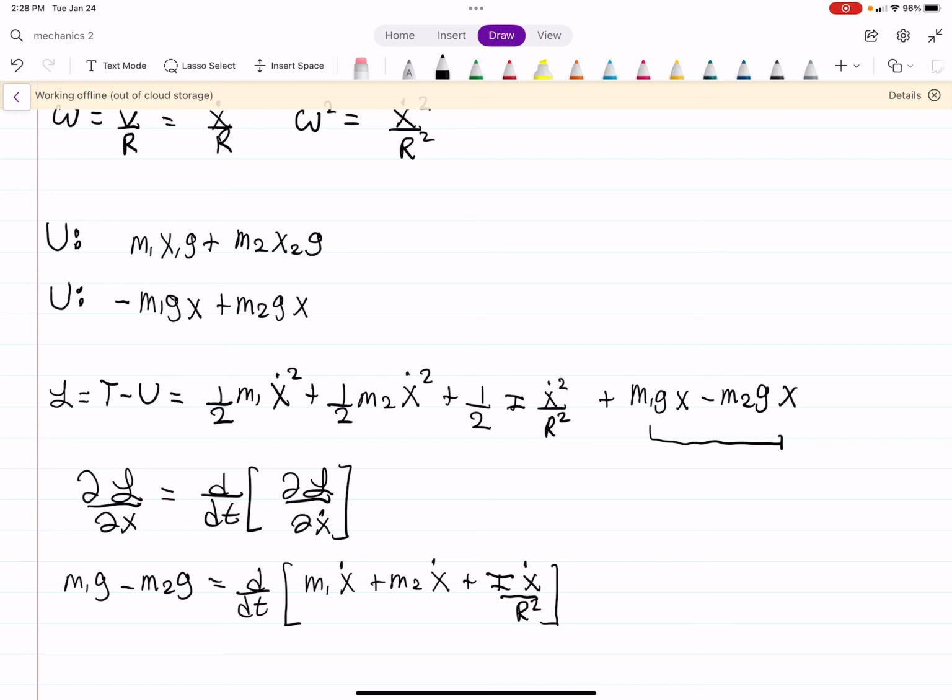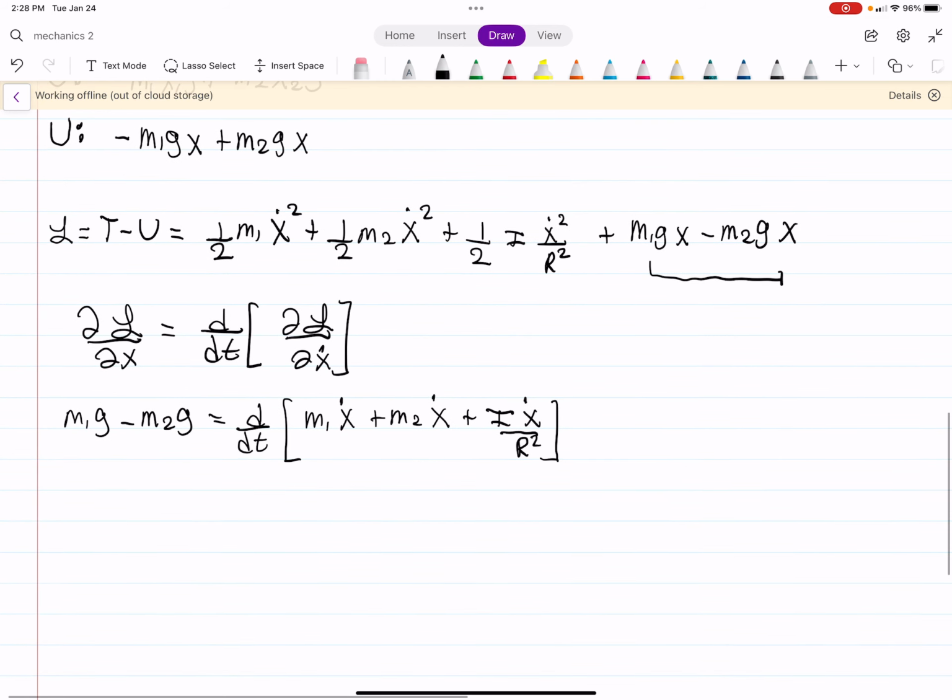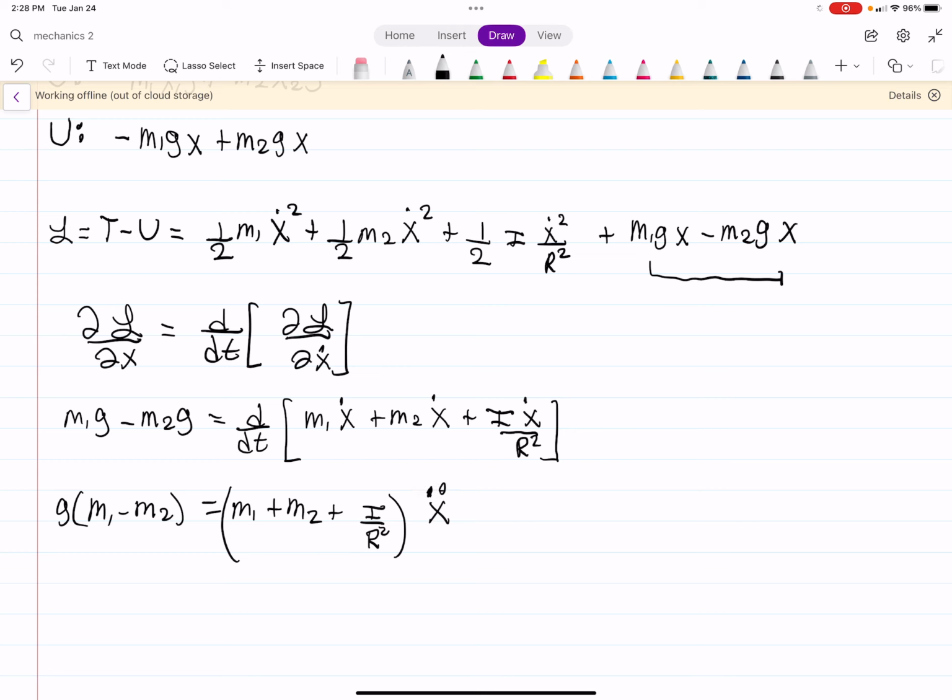Okay. And now we take the time derivative, and I'm going to go ahead and factor out a g from the left-hand side. And now we get our x double dot terms. And I'm actually going to factor out x double dot. Okay.